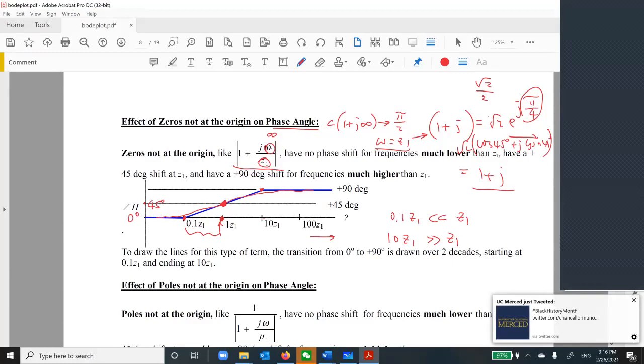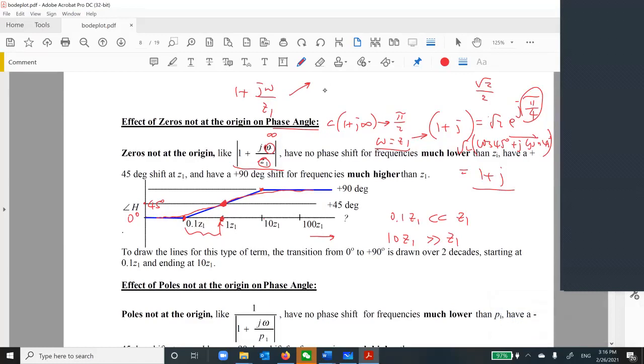So at 0.1 z1 you have 1 plus j0.1, and at 10 z1 you have 1 plus j10.